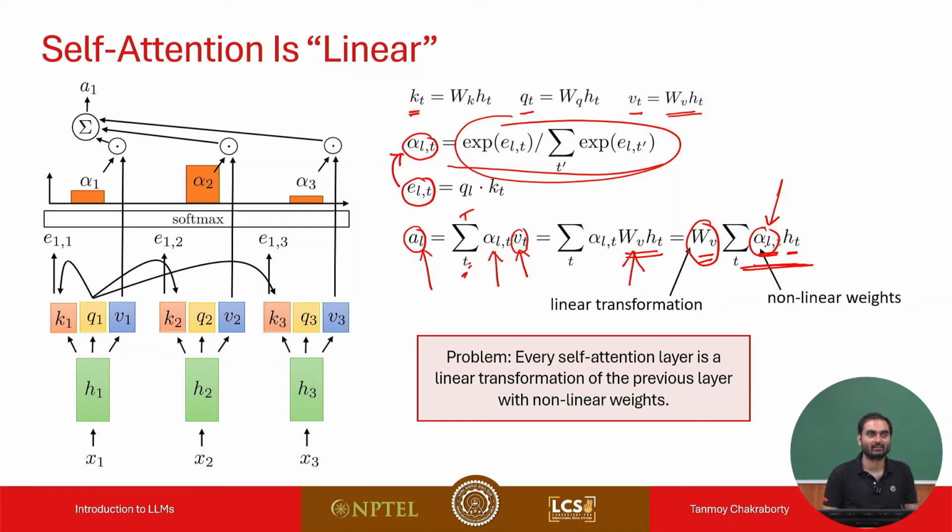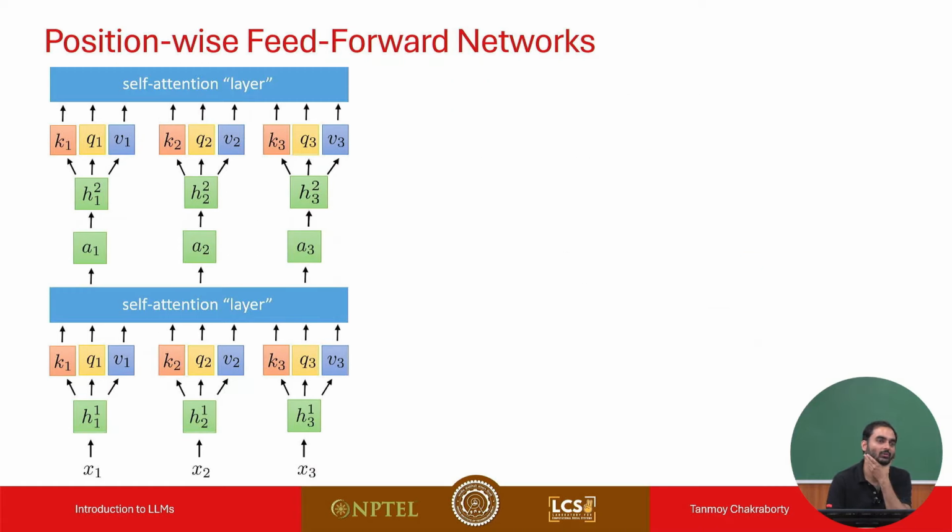If self-attention is linear, we all know that linear models have many problems, right? We always want to add more non-linearity at different parts of the network. So far we have not added any non-linearity. How do we add non-linearity? We add non-linearity in another layer, which we call the feed-forward layer. What is a feed-forward network? We all know what a feed-forward network is, right?